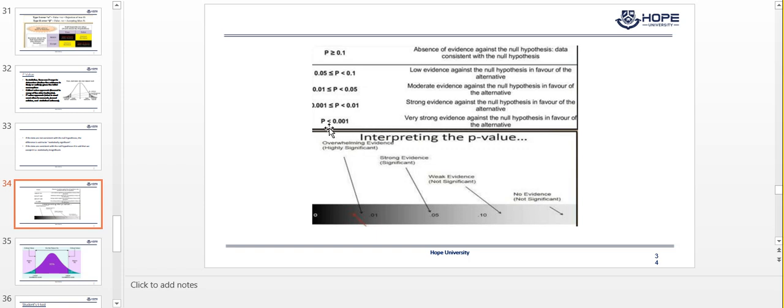If p is less than 0.001, it is very strong evidence.